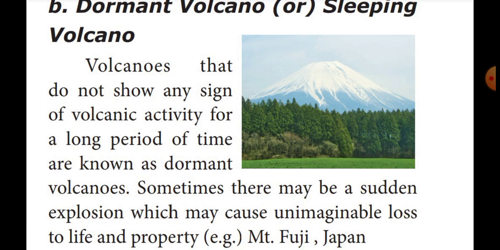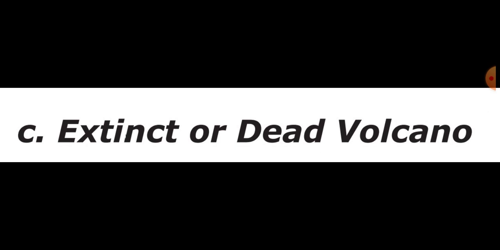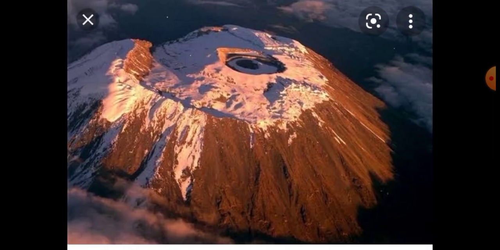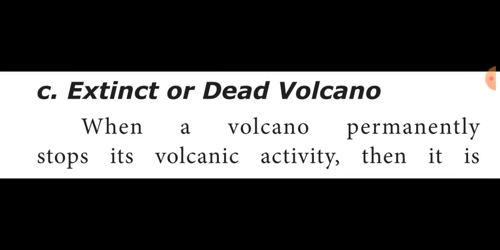Then the third classification is the extinct or dead volcano. Just see this picture. This is the image of an extinct or dead volcano. When a volcano permanently stops its volcanic activity, it won't show volcanic activity anymore.